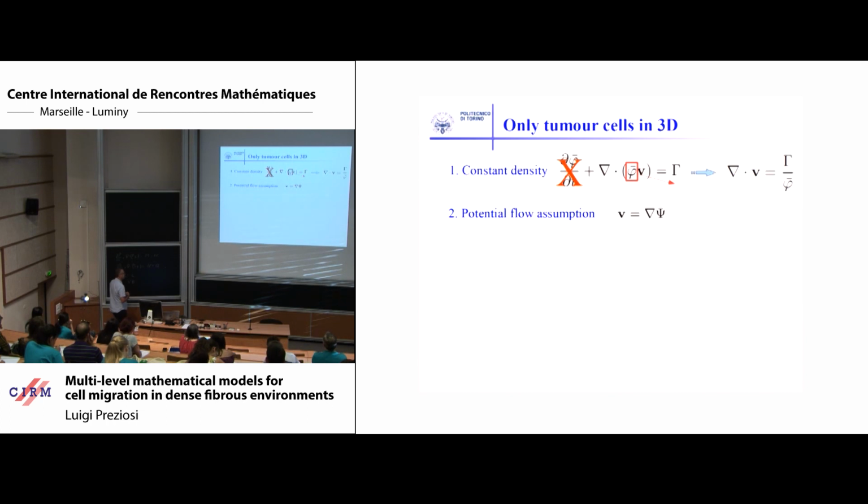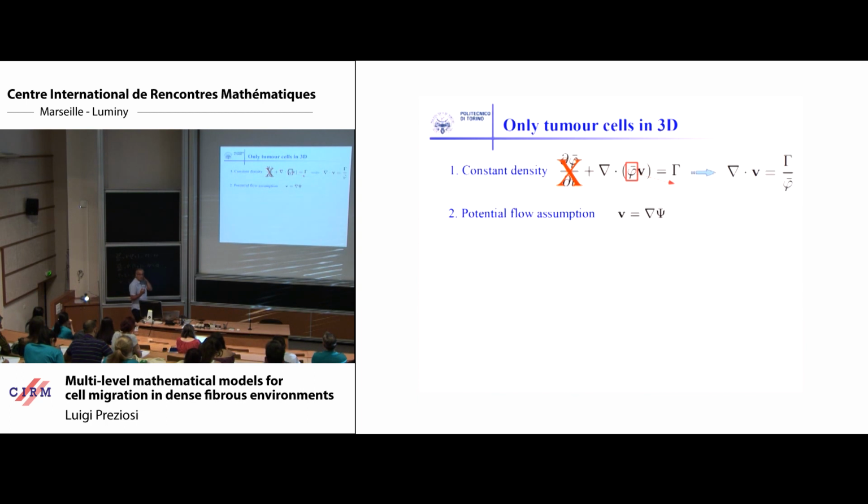This is not such a dumb assumption, because from, say, fluid dynamics, you know that a velocity field can be split into a gradient plus a curl of something, and you are assuming that this part here vanishes, and the curl has to do with something that rotates.